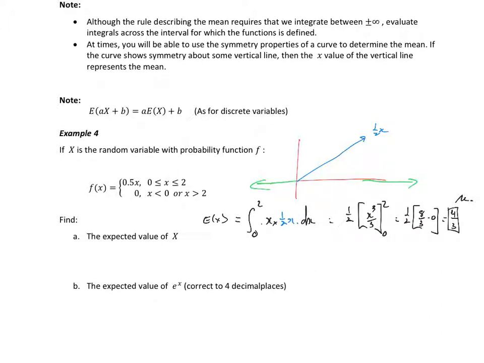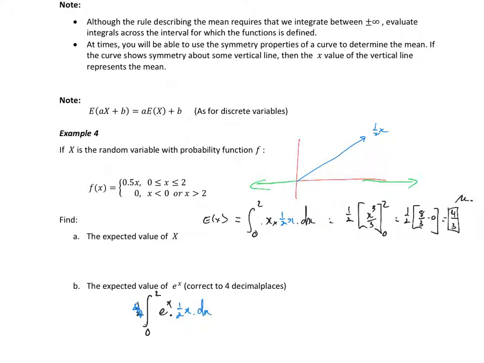The expected value of e to the x, correct to 4 decimal places, which I must confess I have trouble explaining in the context of the problem, but mathematically, 0 to 2, let's take out the half. It's just whatever the function happens to be times e to the x times f of x dx.